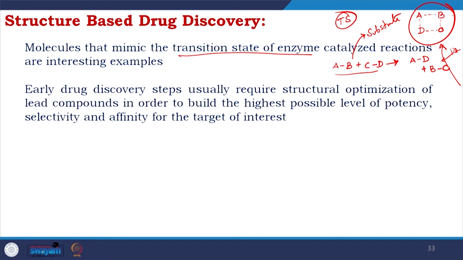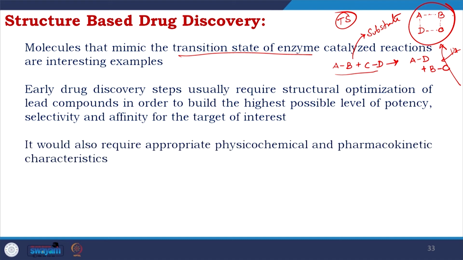Early drug discovery usually requires structural optimization of lead compounds in order to build the highest possible level of potency, selectivity and affinity for the target of interest. It would also require appropriate physicochemical and pharmacokinetic characteristics.